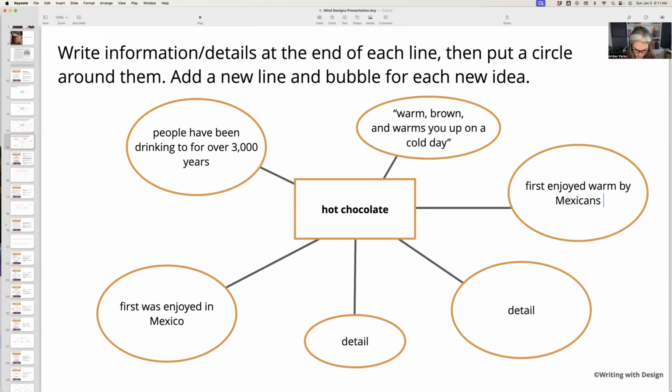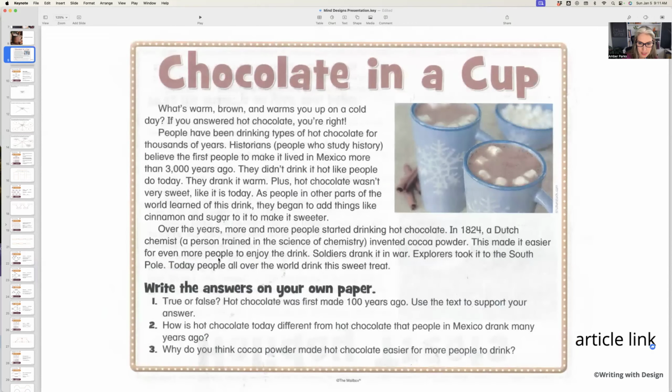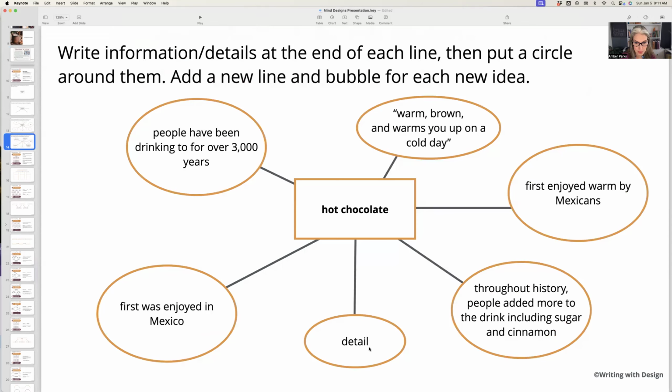And then throughout history, people added more to the drink, including sugar and cinnamon. And then I think one neat thing too, towards the end of it, was that in 1824, cocoa powder was developed.